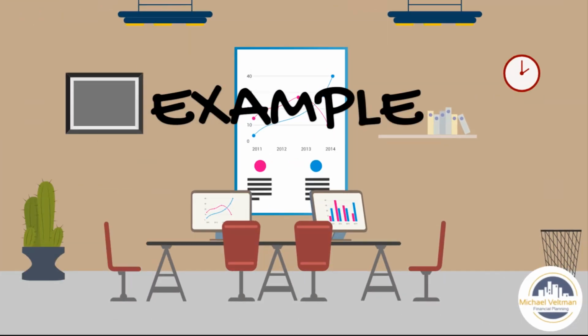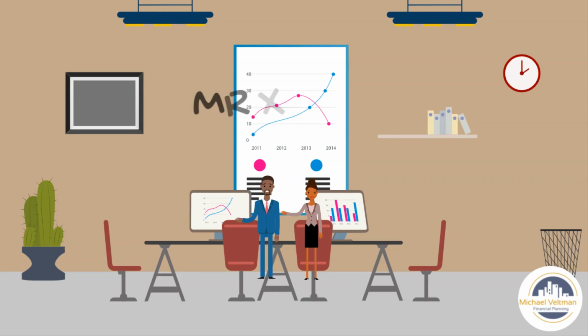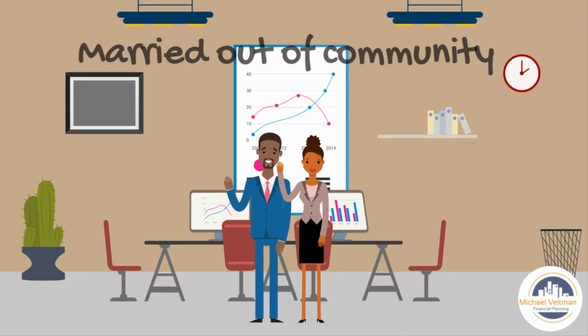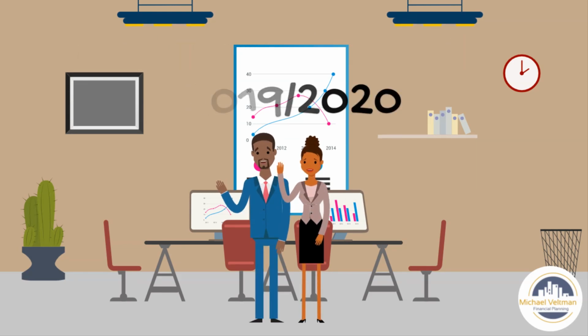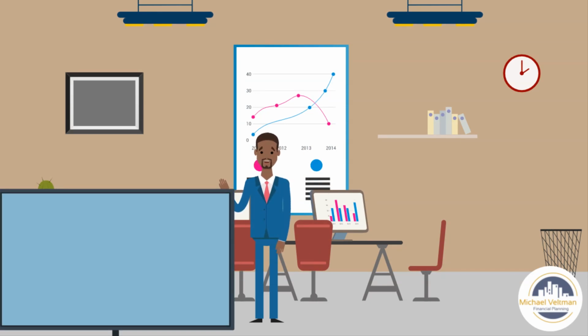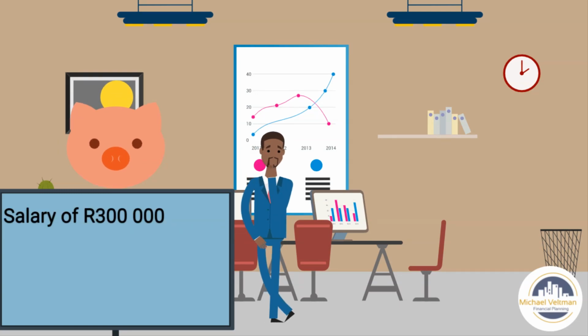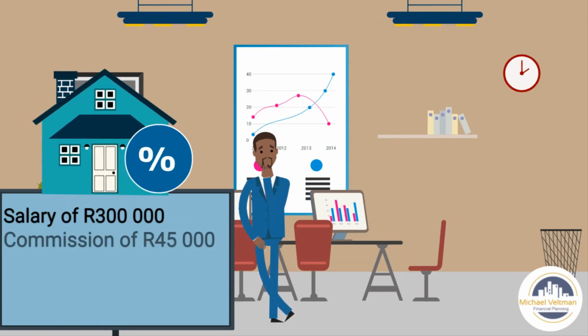Let us apply all of the information we currently have to an example. Mr. and Mrs. X are married out of community of property. During the 2019-2020 year of assessment, Mr. X, aged 50, earned the following income. Salary of R300,000. UK commission of R45,000.